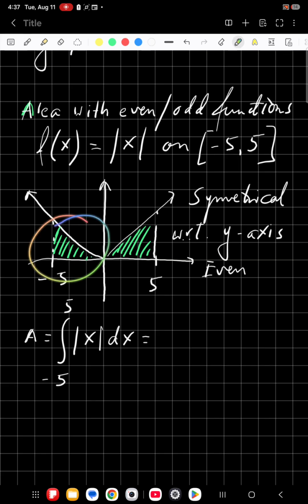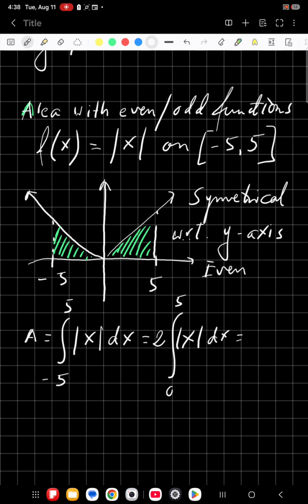Okay, but the way we actually can do it is these two areas are the same, so we can calculate one of them. Let's say maybe this one, because 5 is positive, and then double it. So I'll put 2, and then those endpoints from 0 to 5, and then we calculate the integral of absolute value of x dx.